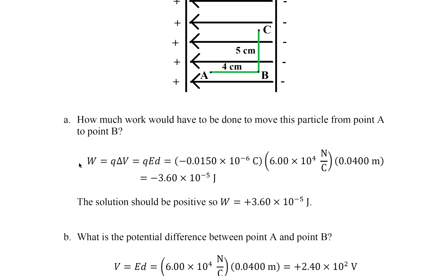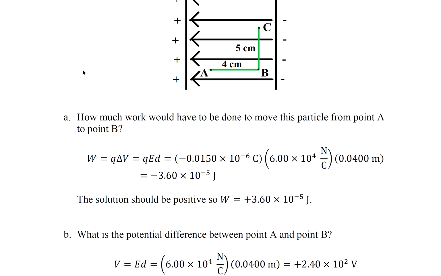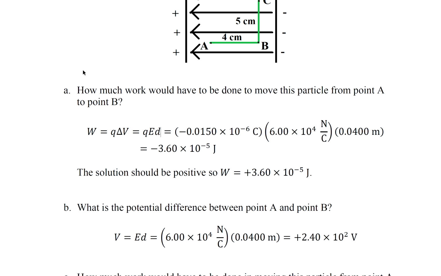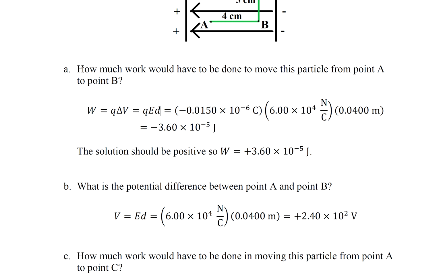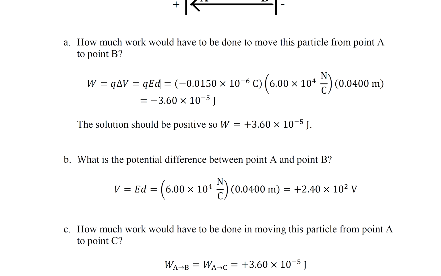Part A, how much work will have to be done to move this particle from point A to B? We're going to use this equation. Part B, what is the potential difference between A and B? Well, V equals ED.